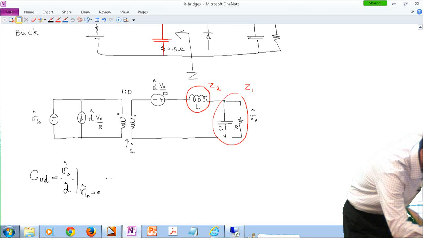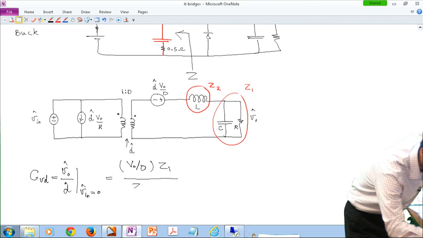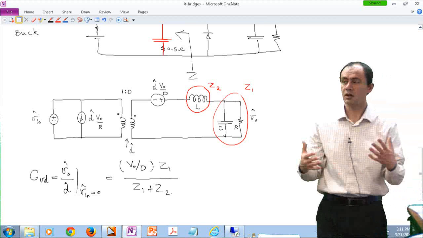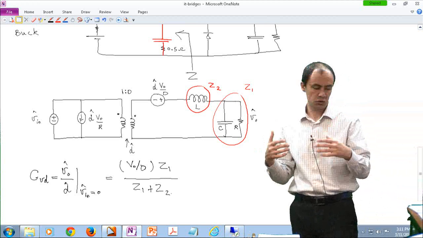All right, so remember from our notes, since the input voltage is not being perturbed, on the left-hand side I have like a short circuit.